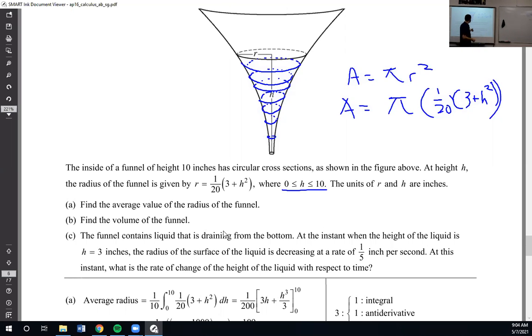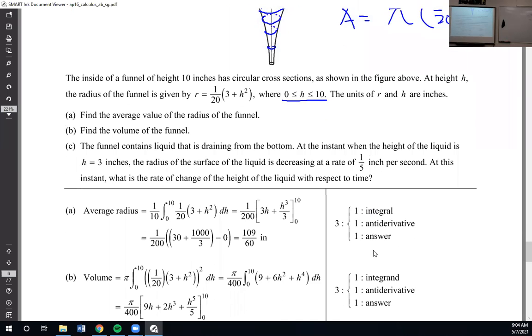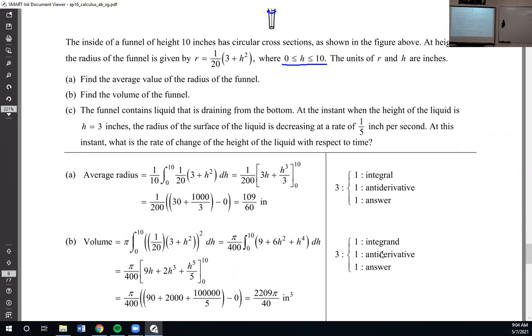So we're basically going to take the integral from 0 to 10 of this area formula for the circle. And then there's the details for doing the antiderivative and plugging in 10 minus plugging in 0. Answer. By the way, this is one of the more complicated things that I've ever seen them ask you to do on a non-calculator question.